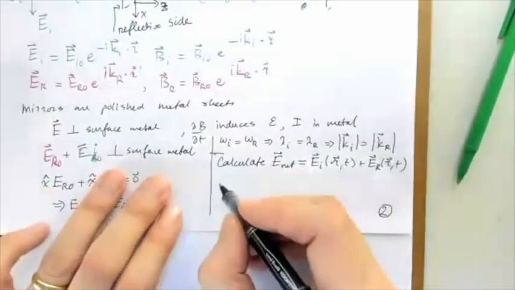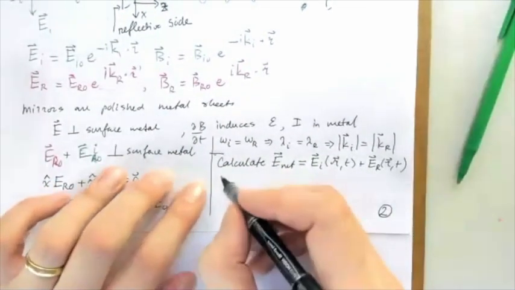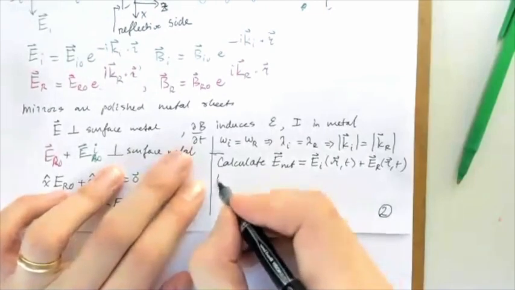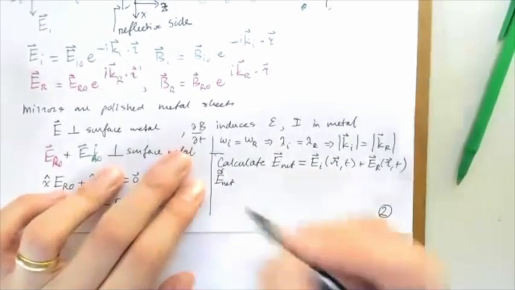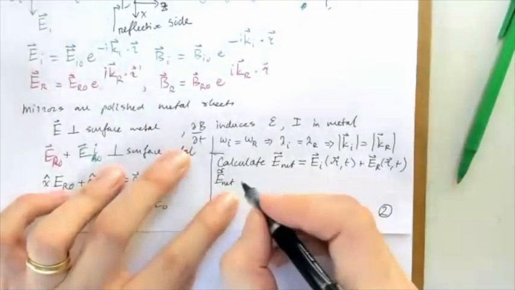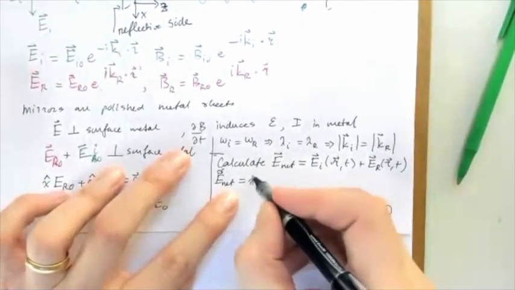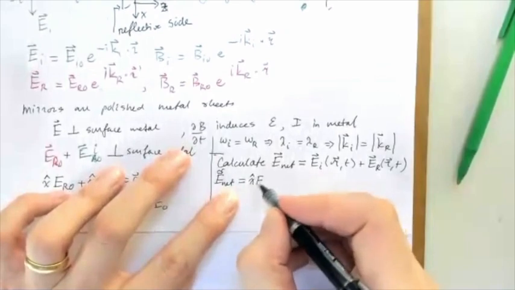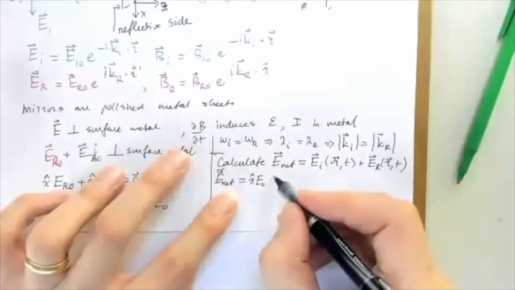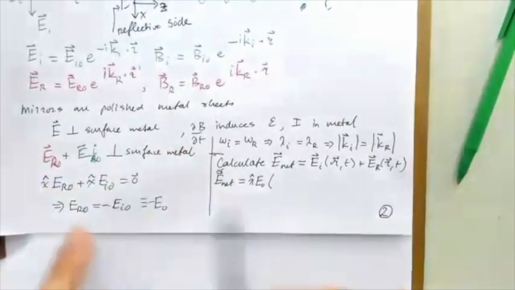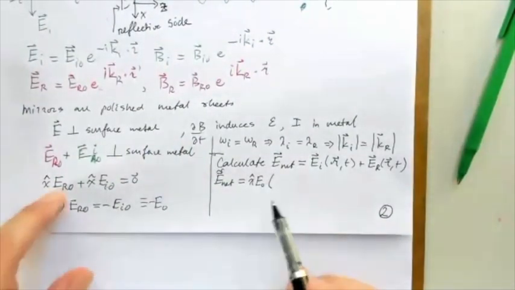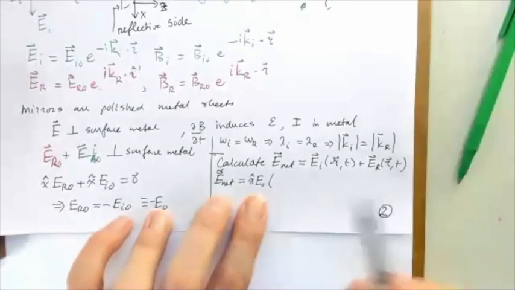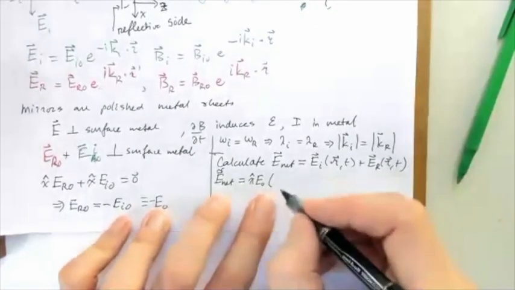So it's going to be E net in phasor form. So now I'm writing it in phasor form. E net in phasor form is going to be x hat times E0 times, now the thing that has the positive sign, let's call that E incident, doesn't really matter, we can pick any one.